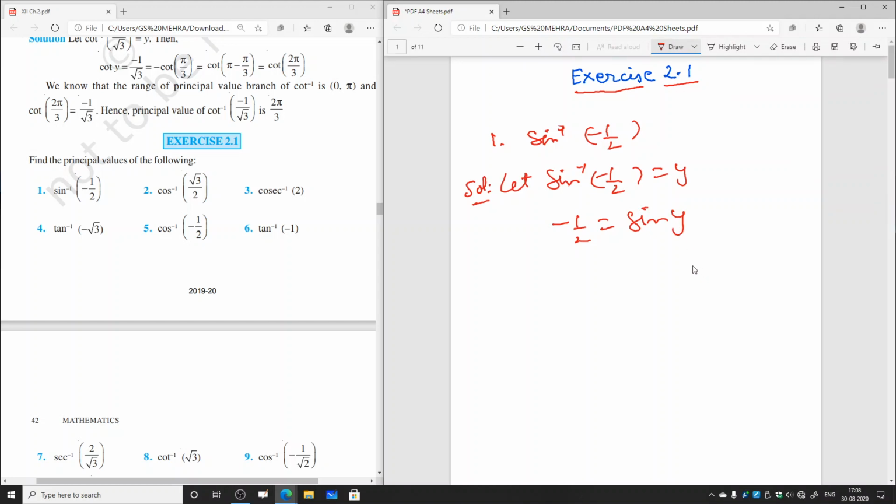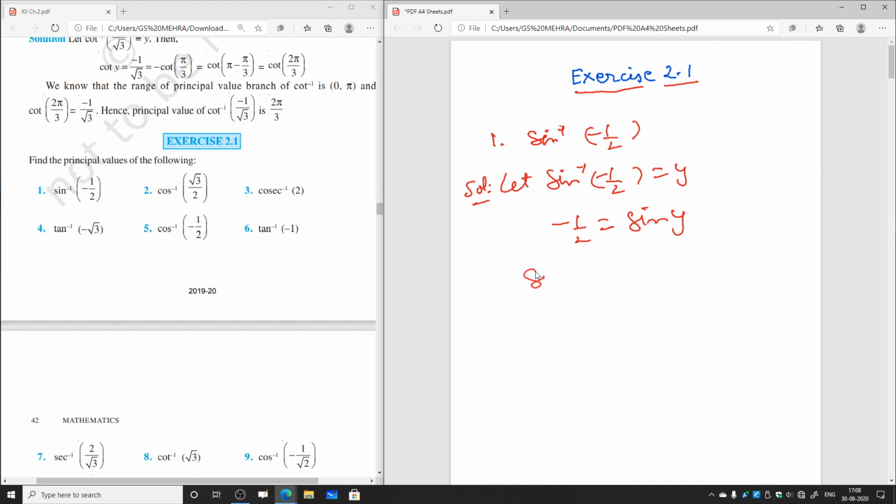Now we have to find that value of y which belongs to the principal value branch, that is the closed interval -pi/2 to pi/2, such that we get -half. We know that sine -pi/6 is -half. Therefore, the value of y will be -pi/6. So that is what we'll write here.